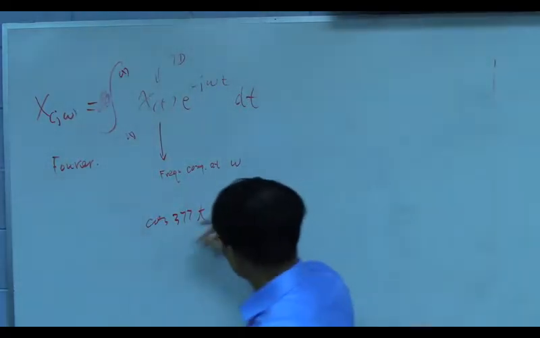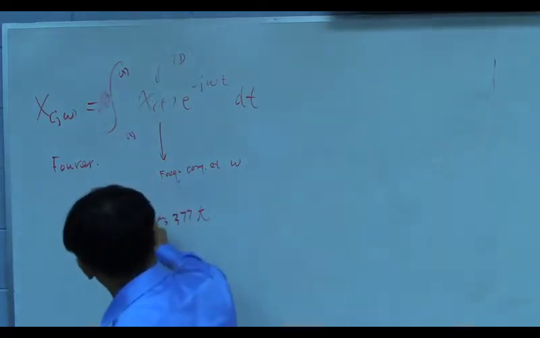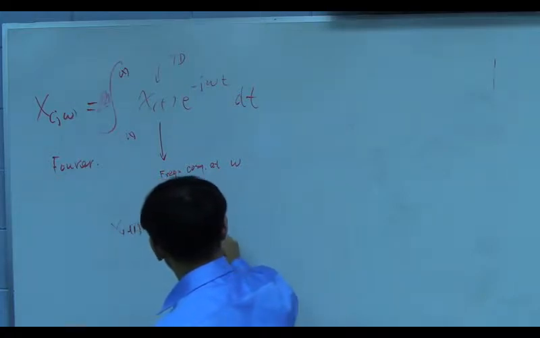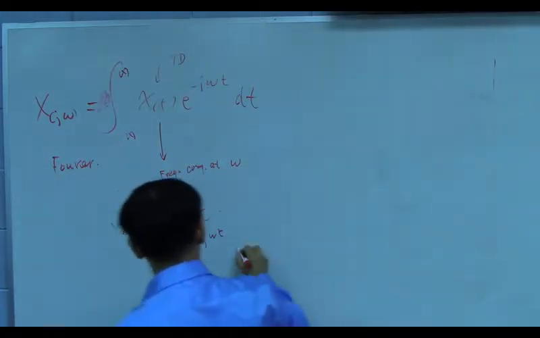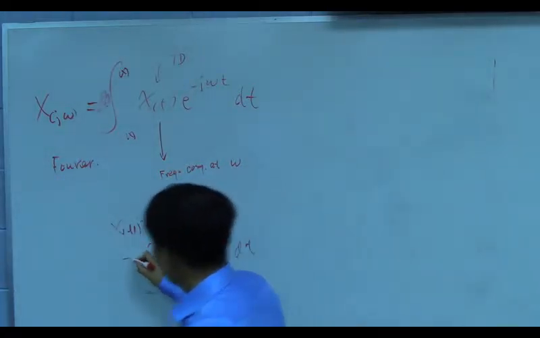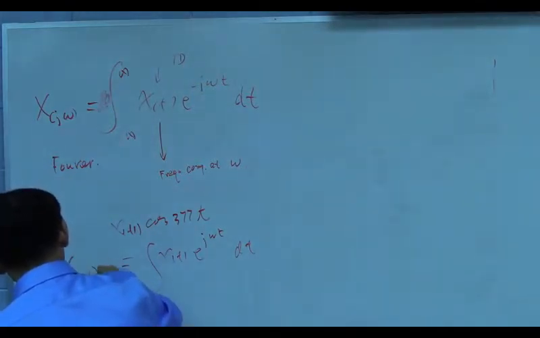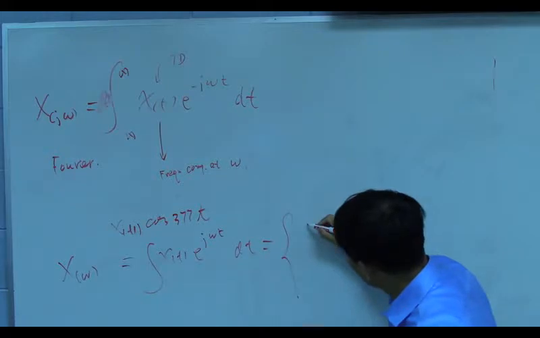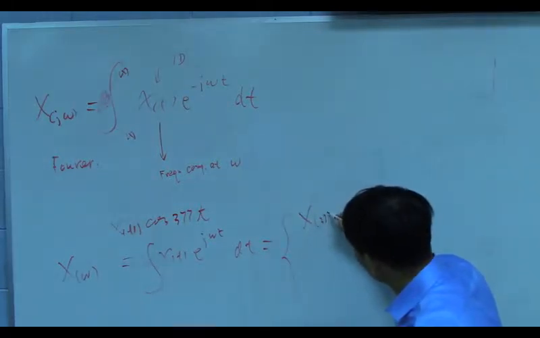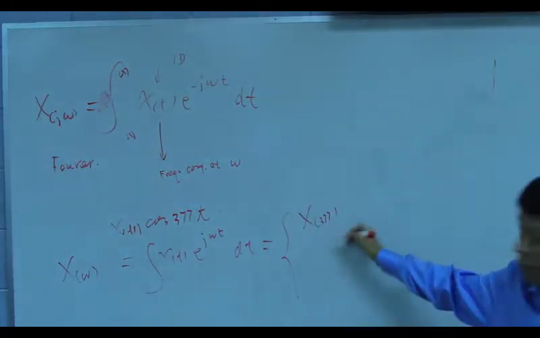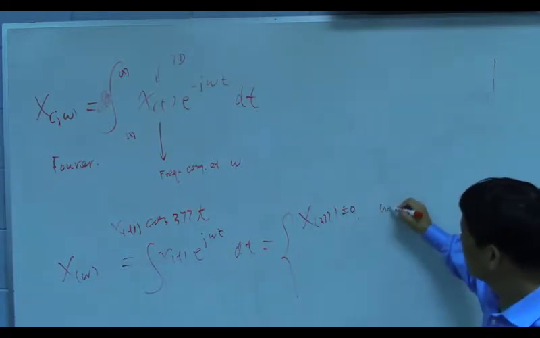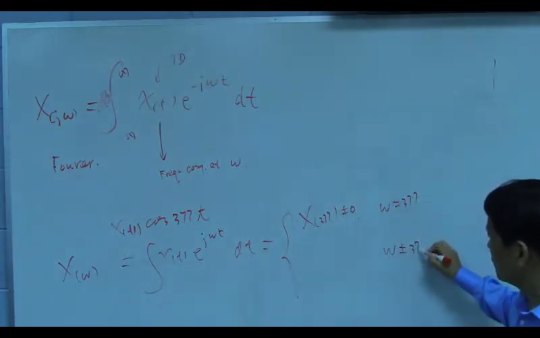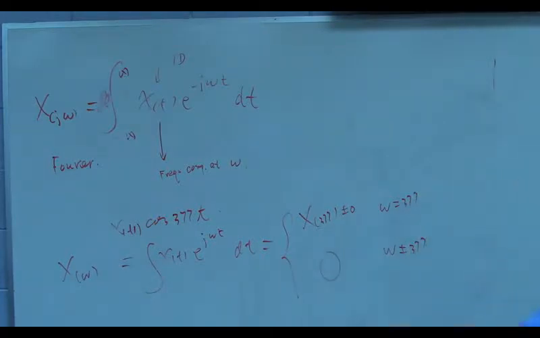Suppose this one is your x of t. Then if you use x of t times e to the j omega t and do the integration with respect to t, this one is only non-zero at, for example, the frequency equal to 377. When omega equals 377 this is not equal to 0, and for all others not equal to 377, this part will be equal to 0.